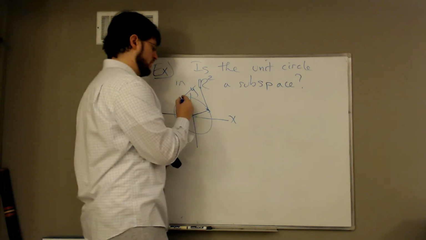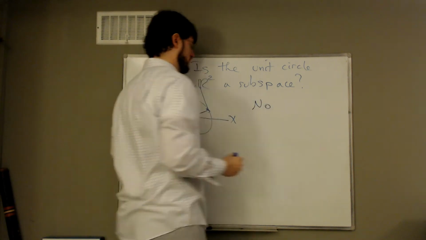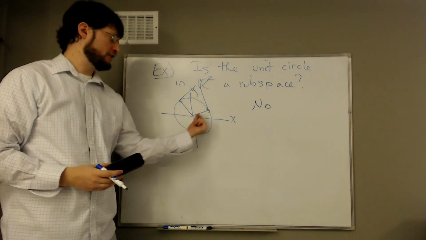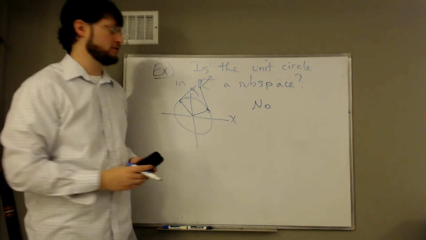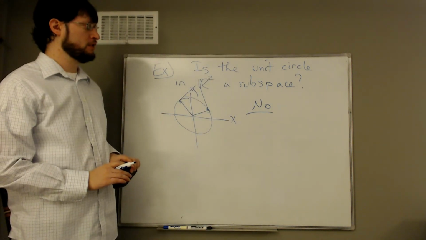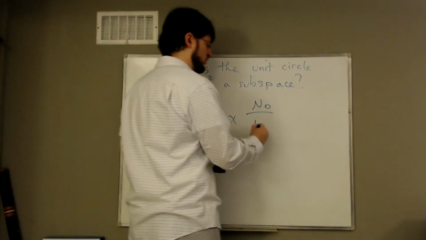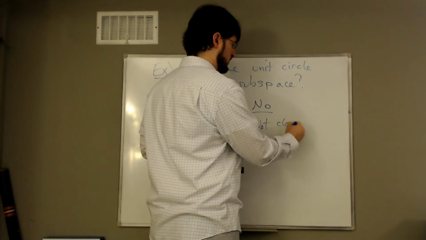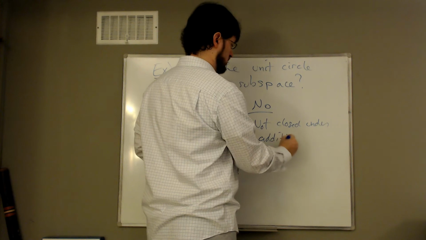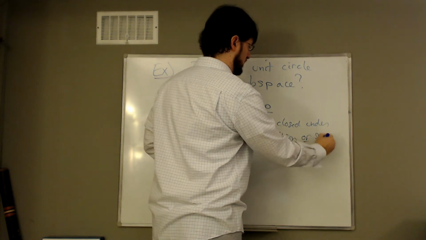So no. Or I could scale any of these vectors and it's no longer on the unit circle. It actually doesn't satisfy either of those. So it's not closed under addition or scaling.